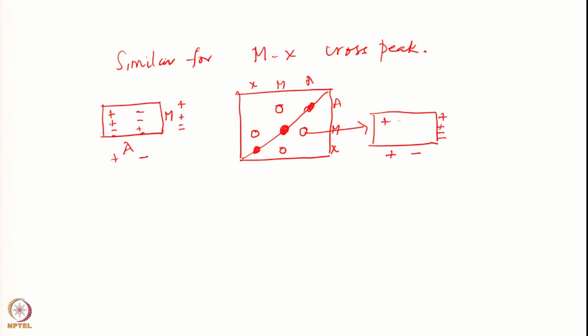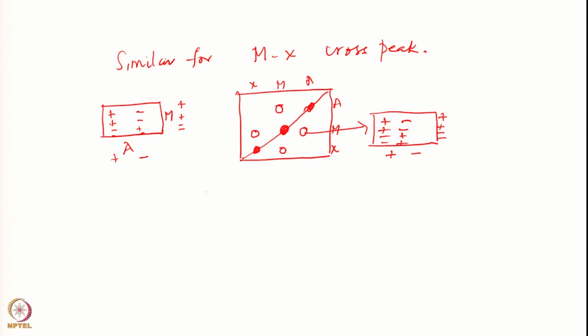So I will have plus minus plus minus minus plus minus plus. So this will be the structure for the other peak. Therefore depending upon which peak you are looking at, you will have the very fine structure.